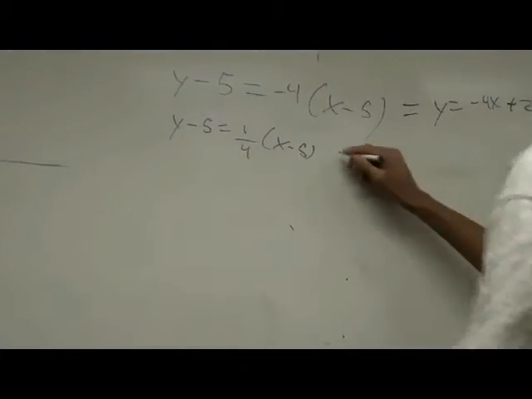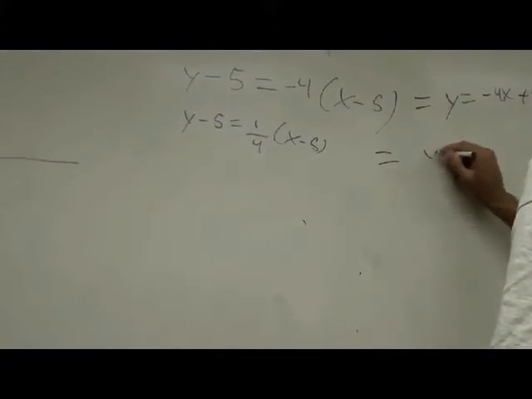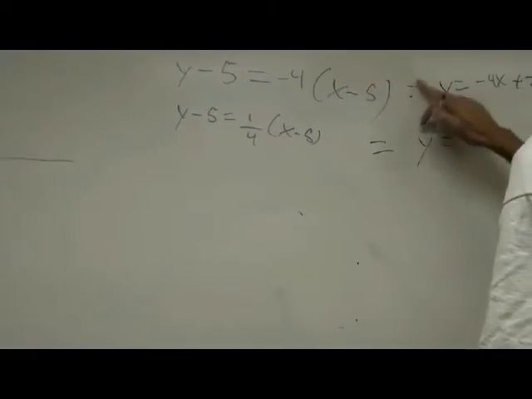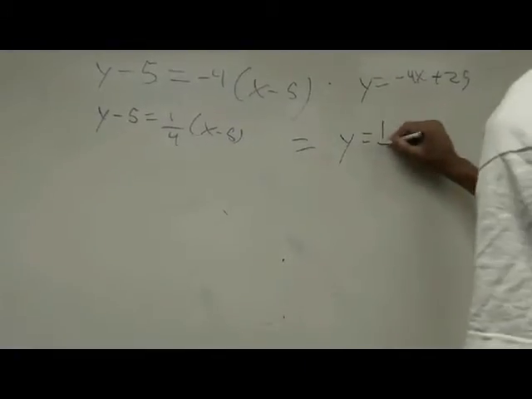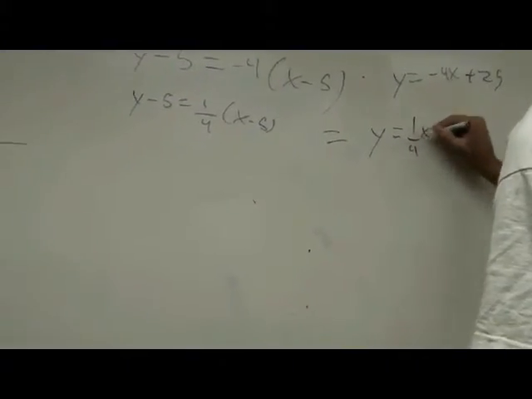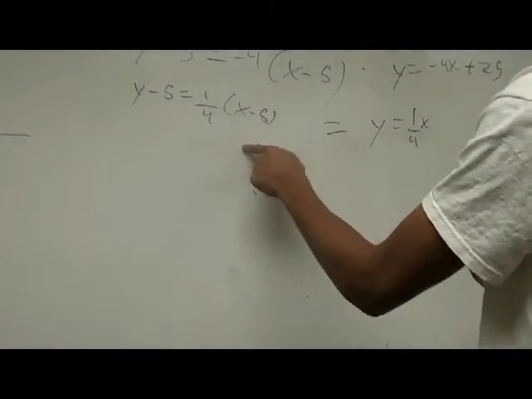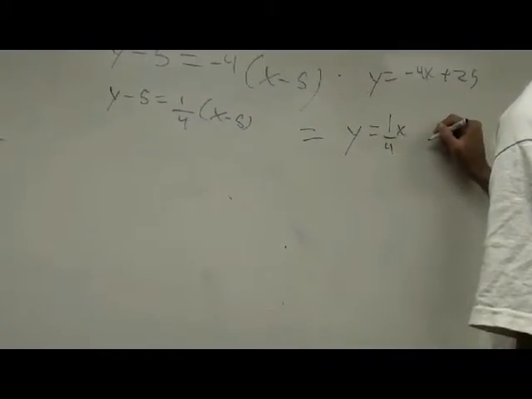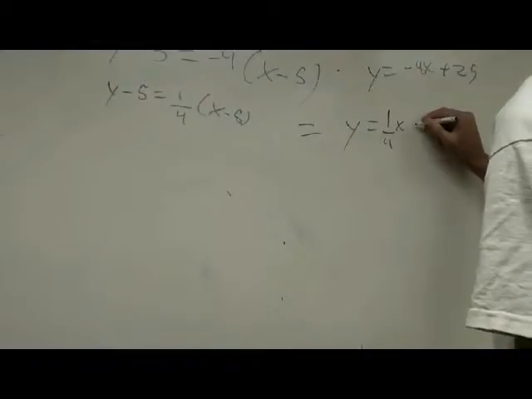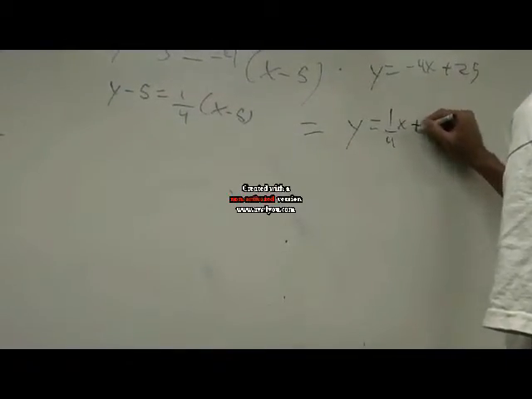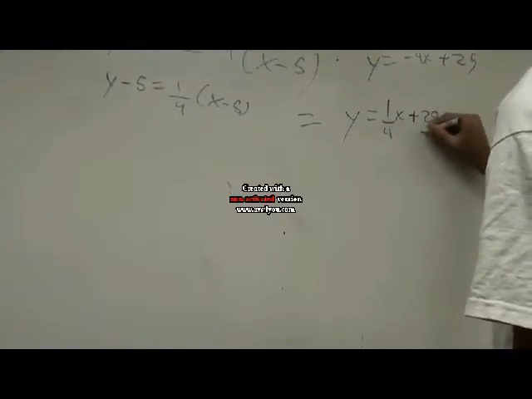And then this right here would be equivalent to y equals 1/4 x minus 5/4 plus 5. So minus 5/4 plus 5. That's like adding 25/4, so plus 20/4.